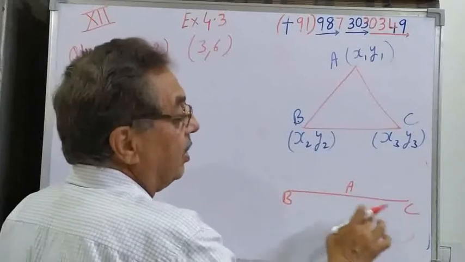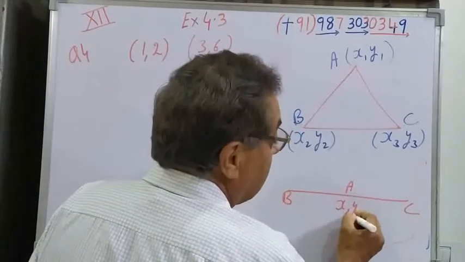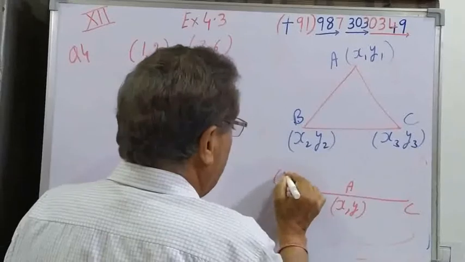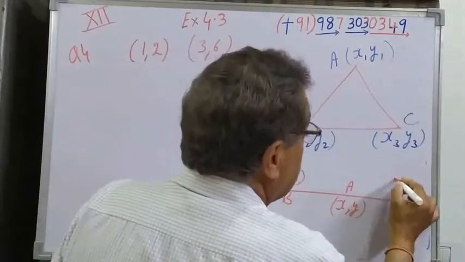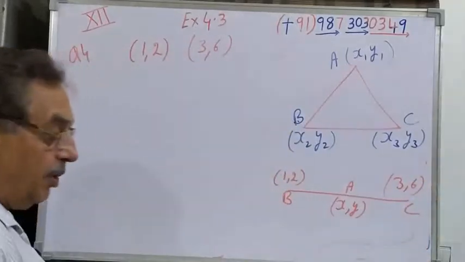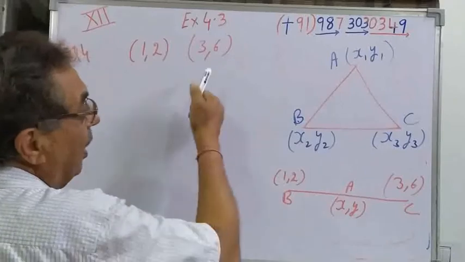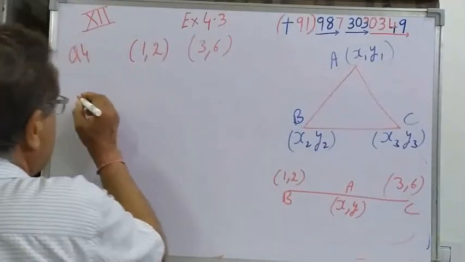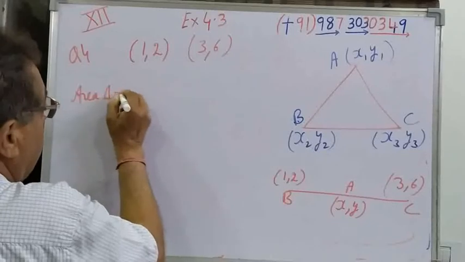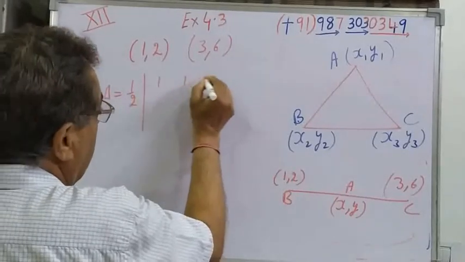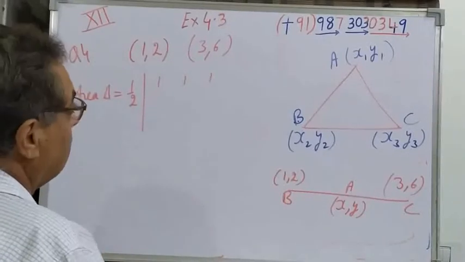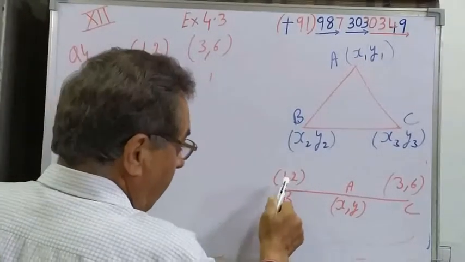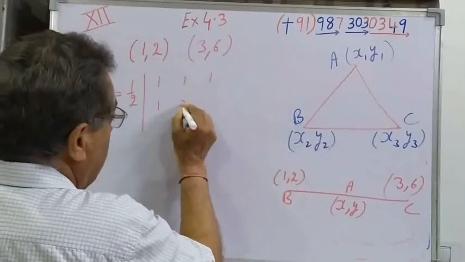That means when the line is there, one point I take as A, x, y, and B is given as 1, 2 and C is given as 3, 6. Now the 3 points are 1, 2, x, y, 3, 6. One of the points we have to take as a general point x, y on the coordinate axis. So now the area of the triangle is half of the determinant with rows x1, x2, x3; y1, y2, y3; and 1, 1, 1.